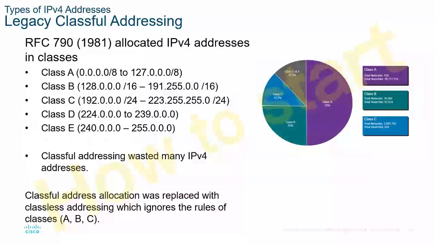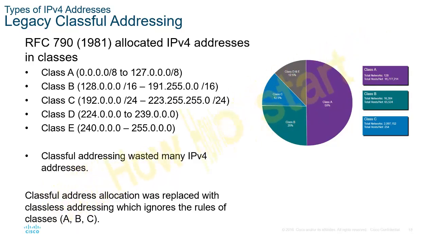So there used to be these things called classful addresses: Class A, Class B, Class C, and other. These had a fixed subnet length or a fixed prefix. Class A was between 0 and 127 in the first octet. You'll notice that the private 10 address falls in Class A. Class B was anything between 128 and 191 in the first octet. You'll notice that 172.16 fell in this class.